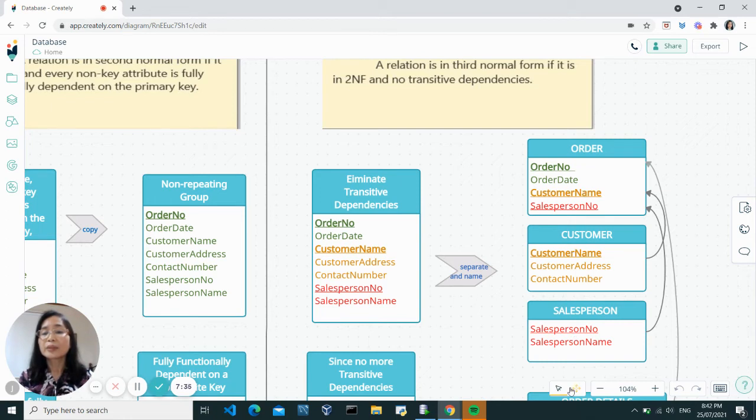Now, we can have this as our primary key, and this would be our foreign key.